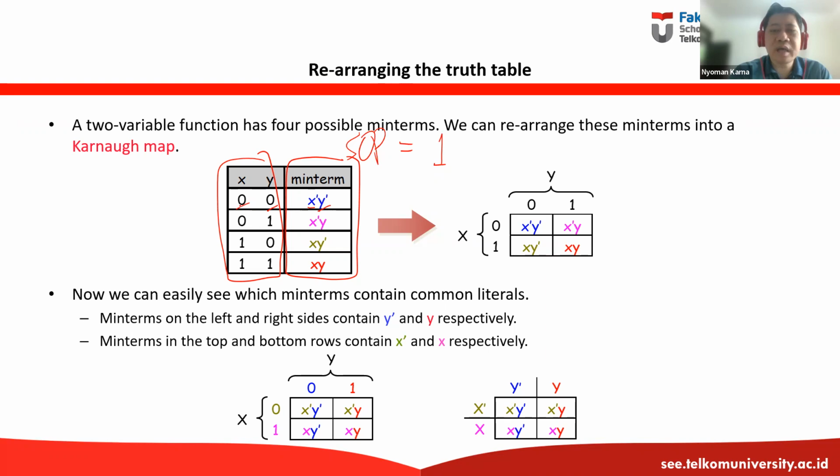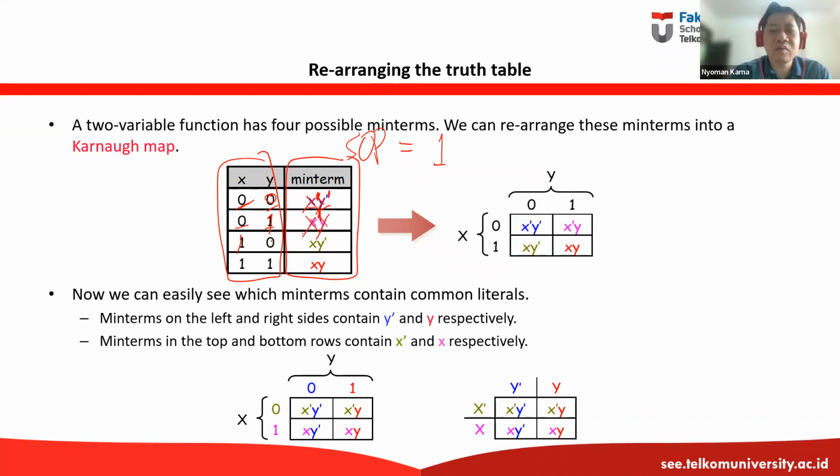Because X is not active, we can call this min term X not, Y not. And then the next combination, X is 0 to create X not, Y is 1. Oh, Y is active now, so this is just Y, not Y not.